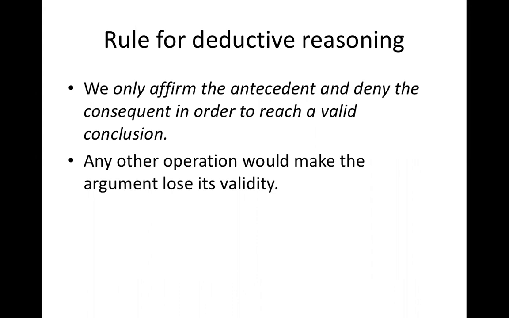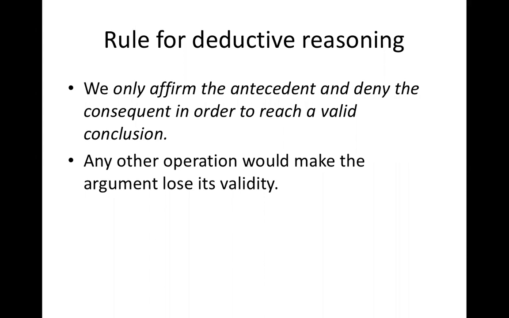So based on that, let's look at the four kinds, those ones that are valid. Those ones that are valid have names. The one that affirms the antecedent is valid. We call it modus ponens.